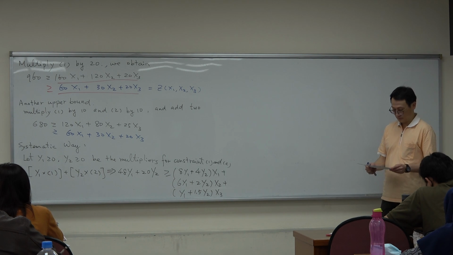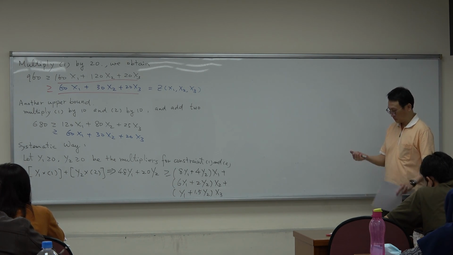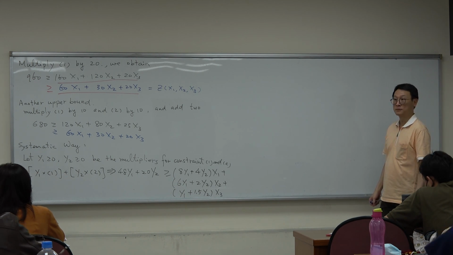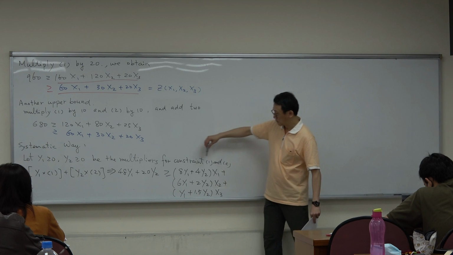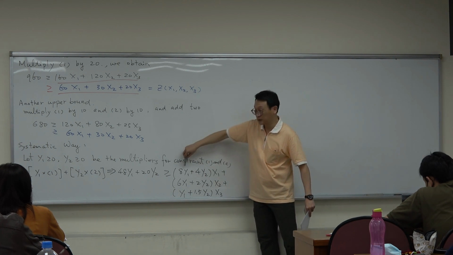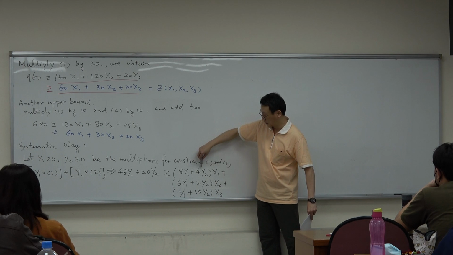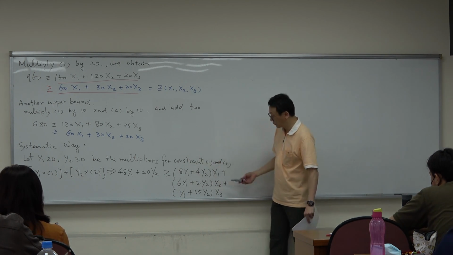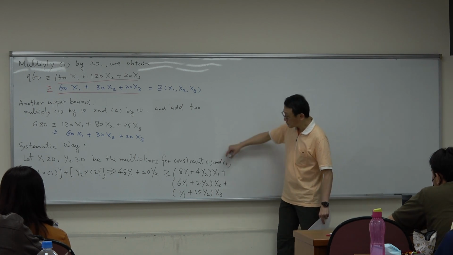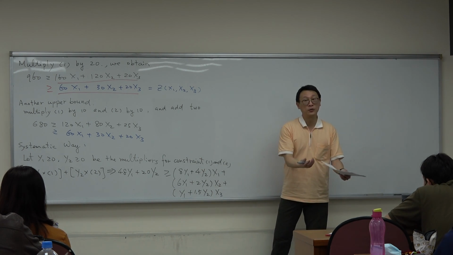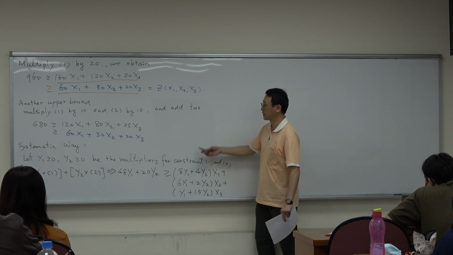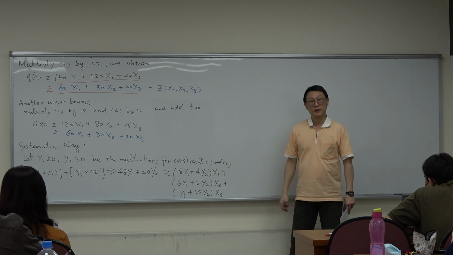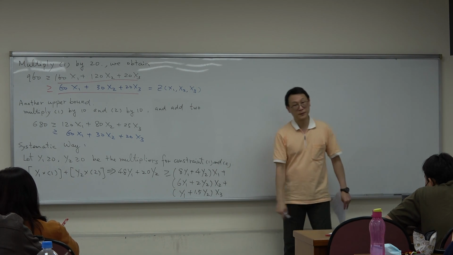That's the first constraint's x1 coefficient, and that's the second constraint, multiplied by y2. You can treat y1 and y2 as not variables. They are multipliers, just like this 10. The variables here are still x1, x2, x3.